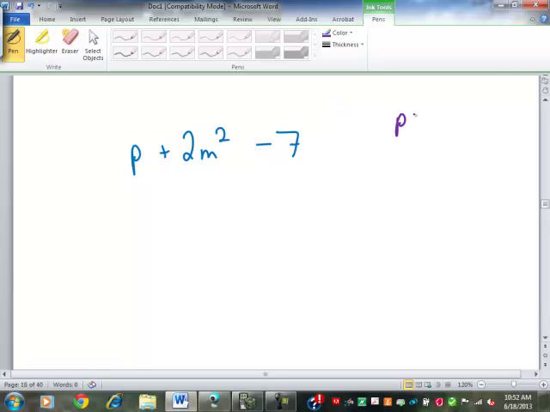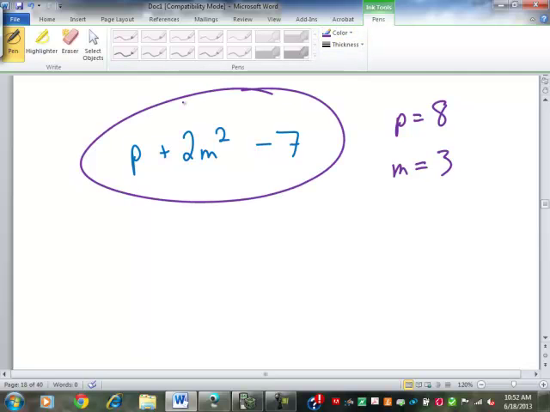So let's say we know P to be, I'm just going to put some small numbers in here to make it easier for us to work with. Let's say we know that P is 8, and during a certain period of time, M is 3. What is the value of this going to be?